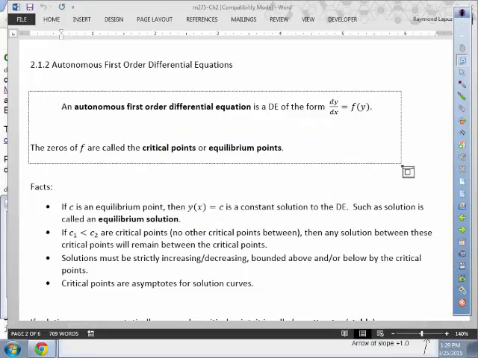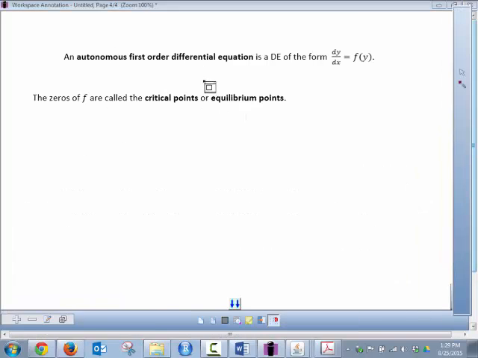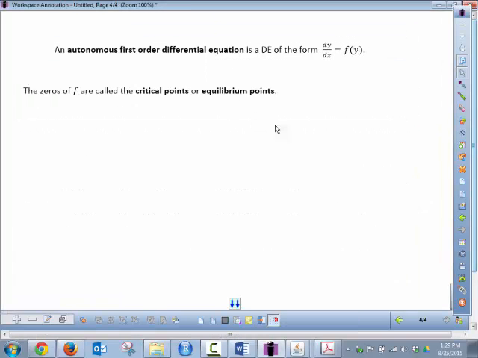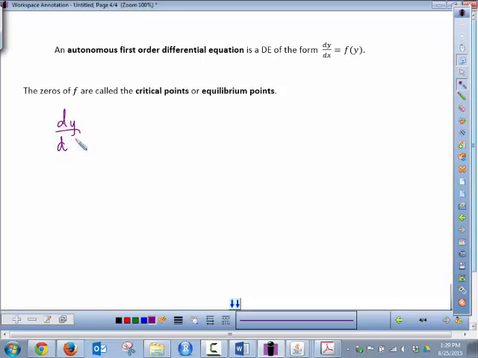So if you have an autonomous differential equation, that's just an equation with only the dependent variable involved on the right-hand side. And if you were to take that expression and set that equal to 0, that is your equilibrium point.